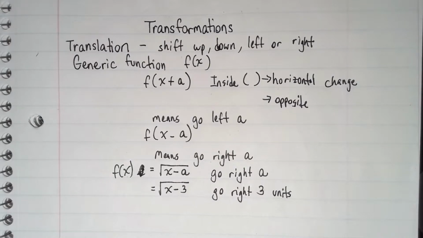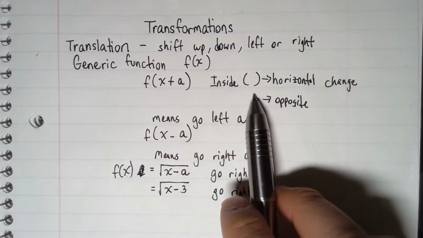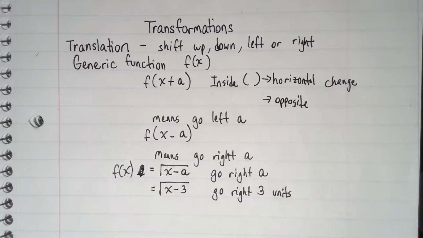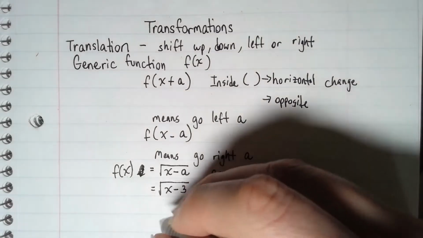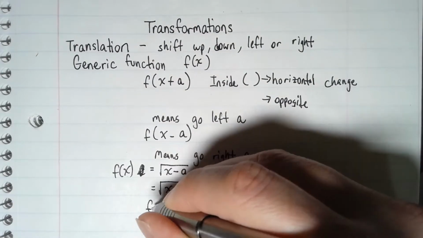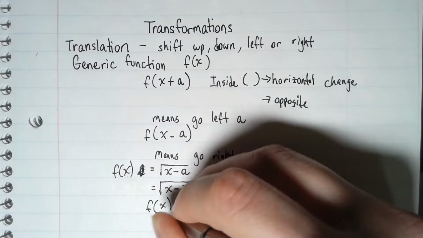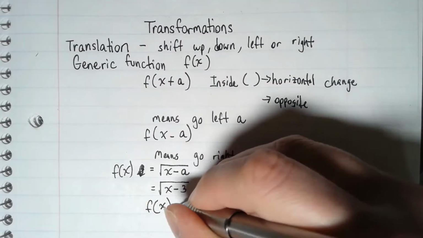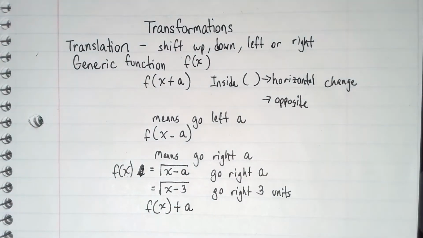Now, if you want to know if you're going to go up and down, you're still going to add and subtract, but this time the adding and subtracting is not happening inside the parentheses, it will happen outside. So as an example, a generic one would be f of x, and then you add a. As you can see, the plus a is not inside the parentheses anymore.